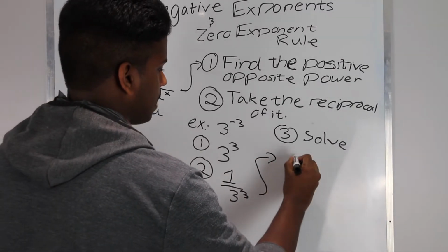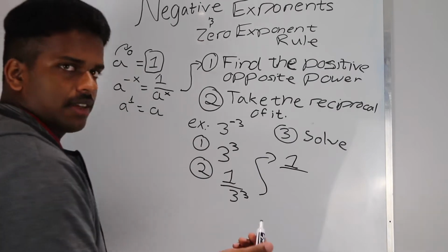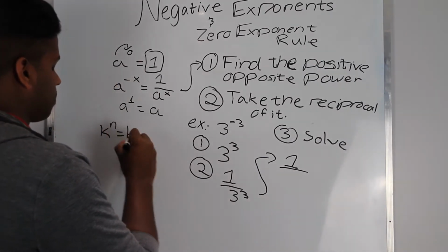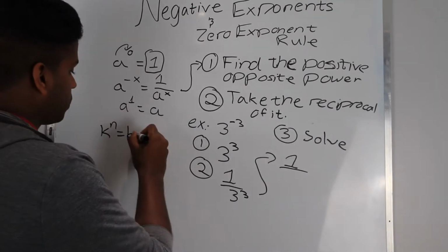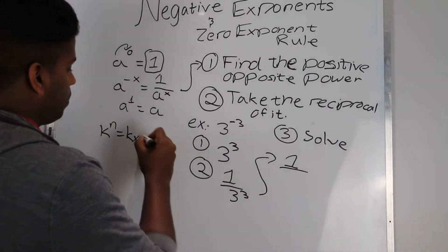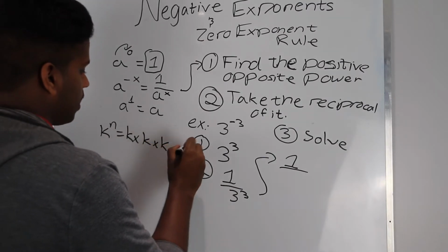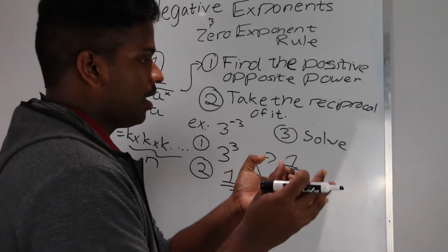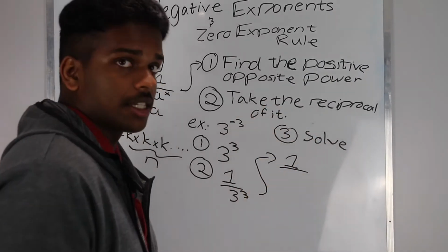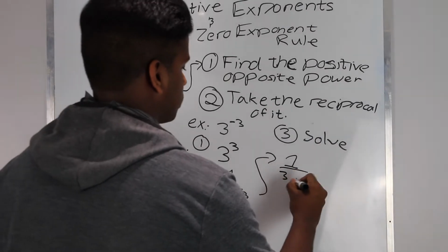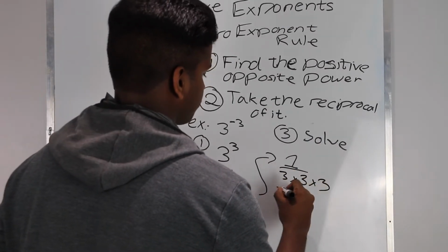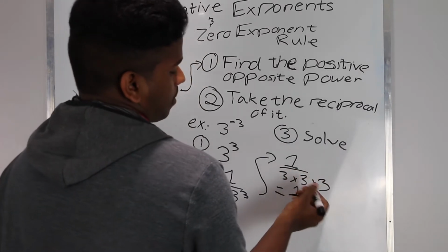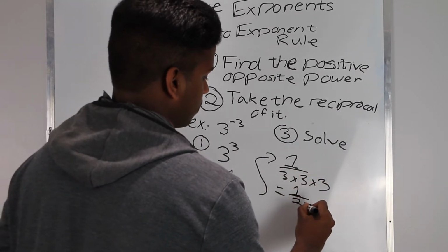Since we have a positive exponent, we can follow the formula from the introduction video: k raised to a positive integer value is k times k times k, however many times is indicated by our exponent. So 3 times 3 times 3. 3 times 3 is 9, and 9 times 3 is 27.